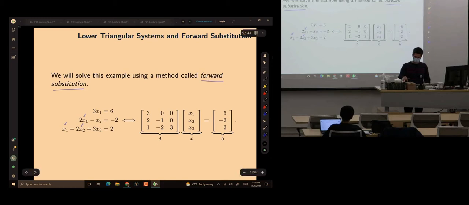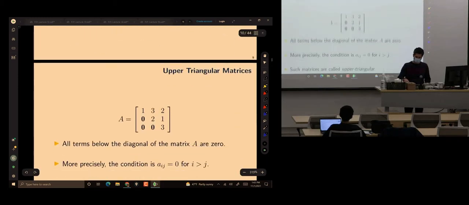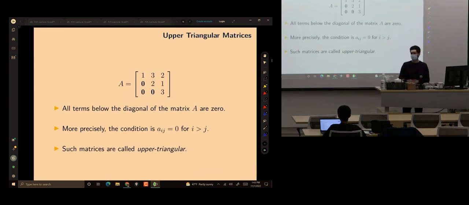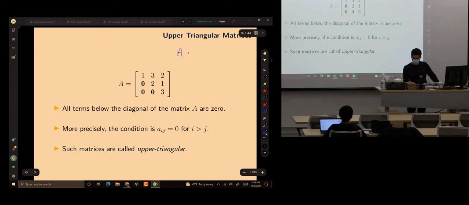triangular matrices are important. Then a natural way was to also talk about upper triangular matrices. And now you know that if A is upper triangular, A transpose is lower triangular.